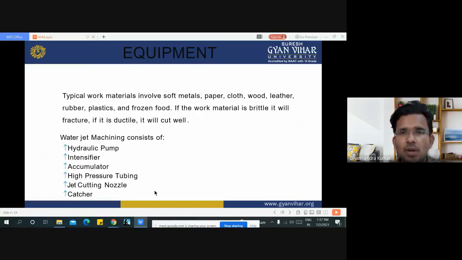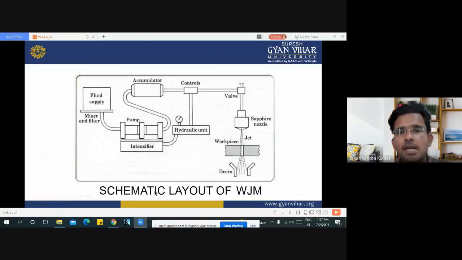Now the various components used in the water jet machining process are the hydraulic pump, intensifier, accumulator, high pressure tubing, jet cutting nozzle, and the catcher. This is the schematic diagram of the water jet machining process. Here is the fluid supply or mixture supply.